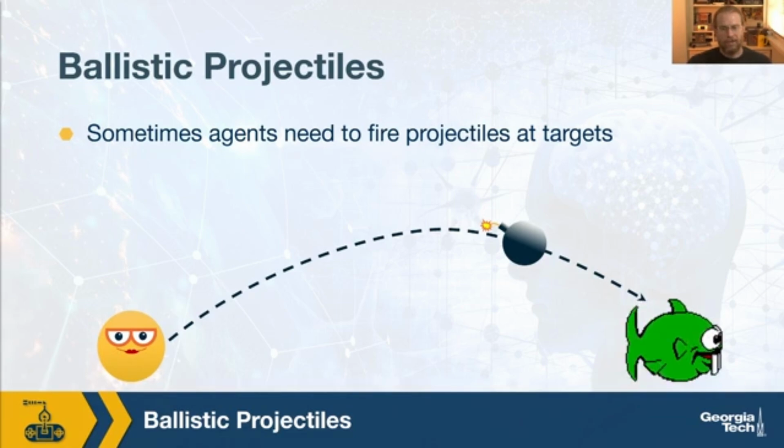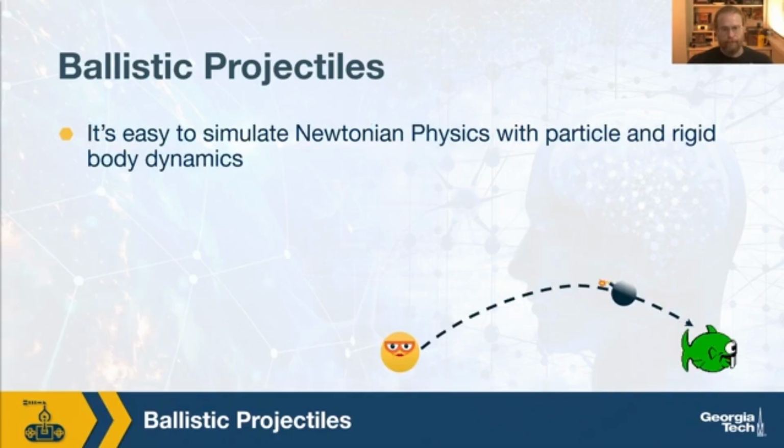Now, the projectile could change velocity over time, but usually that is because of gravity, or perhaps drag would be affecting the projectile as well. So it's easy to simulate Newtonian physics with particle dynamics or rigid body dynamics.